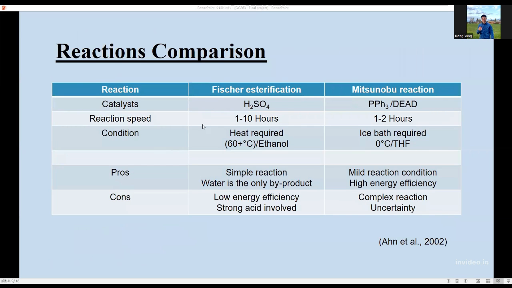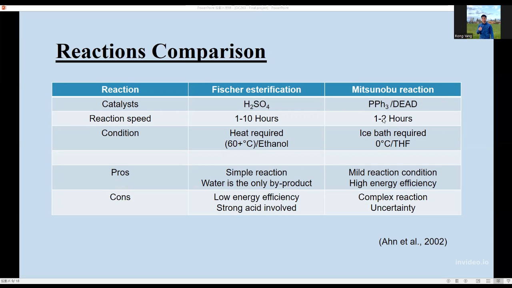So let's compare both esterification reactions. In Fischer esterification, the catalyst is sulfuric acid, a strong acid catalyst. In the Mitsunobu reaction, there are PPh3 and DEAD, and these are neutral reagents.